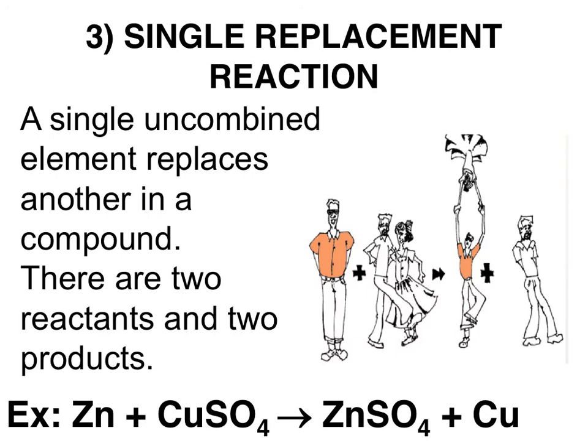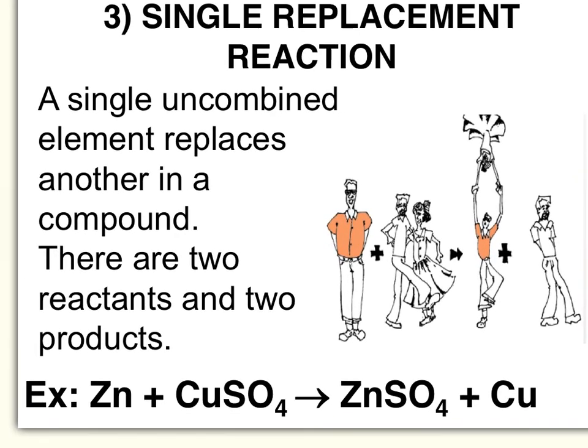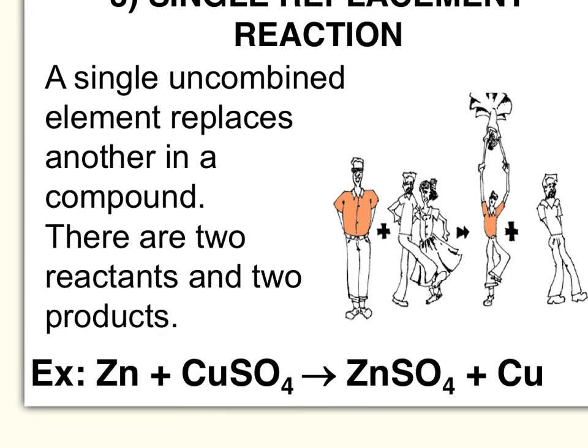All right, next kind is called a single replacement reaction. So here you have, it's easier if you're looking at the compound. You have something that is uncombined, and then another compound. And that element that was by itself sits there and replaces something in the compound and pops something else out to be by itself.